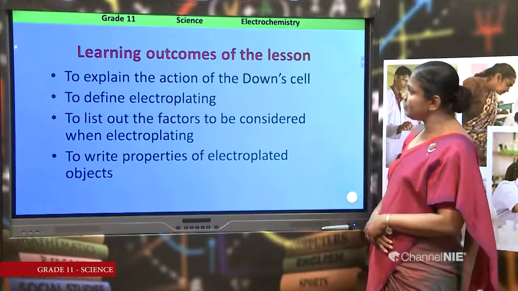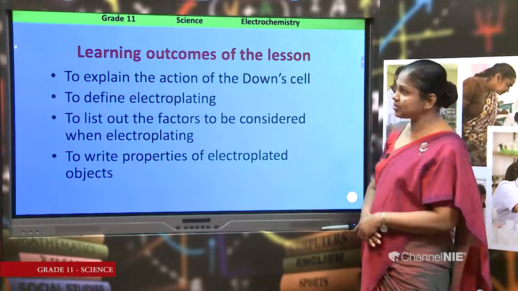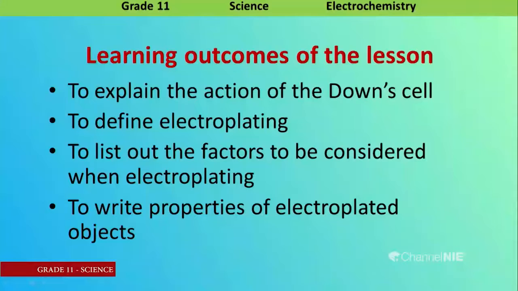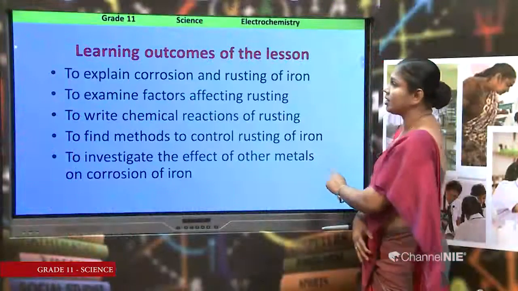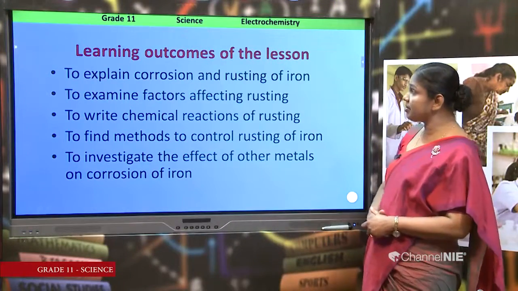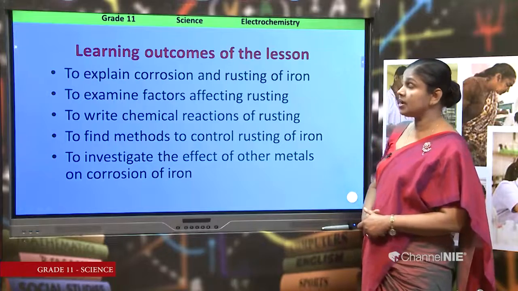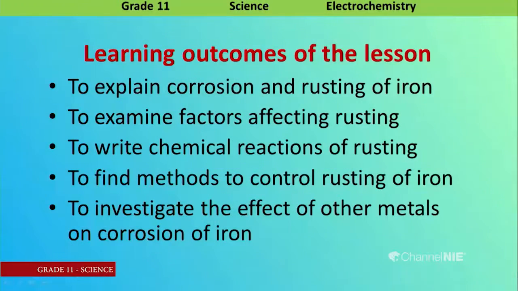Children, at the end of this lesson today, you will be able to explain the action of the Downs cell, to define electroplating, to list out the factors to be considered when electroplating, to write properties of electroplated objects, to explain corrosion and rusting of iron, to examine factors affecting rusting, to write chemical reactions of rusting, to find methods to control rusting of iron.